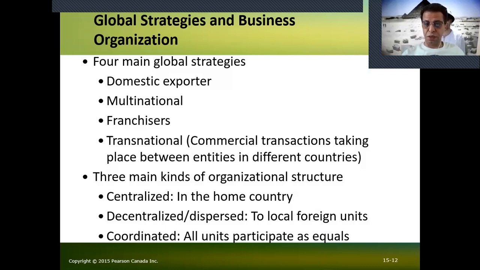But business-wise, there are four main global strategies for how you do business and how you structure it.